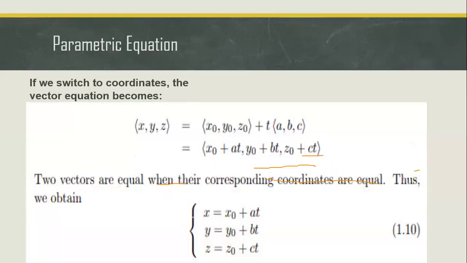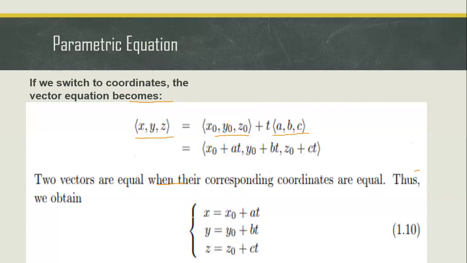So the next thing that we have here is the parametric equation. Now, if we switch to coordinates, the vector equation becomes (x, y, z) is equal to (x0, y0, z0) plus t multiplied by (a, b, c).